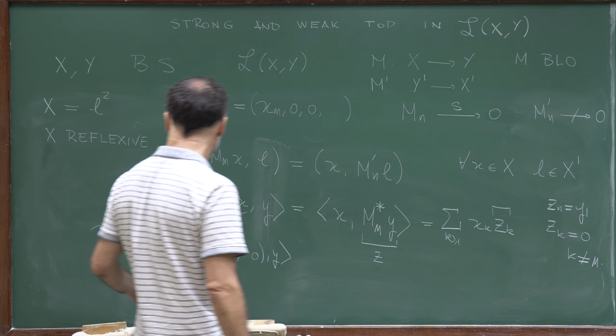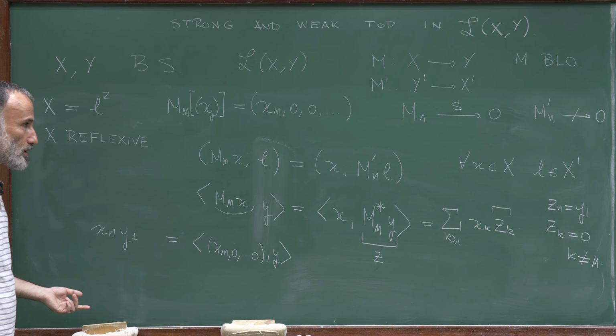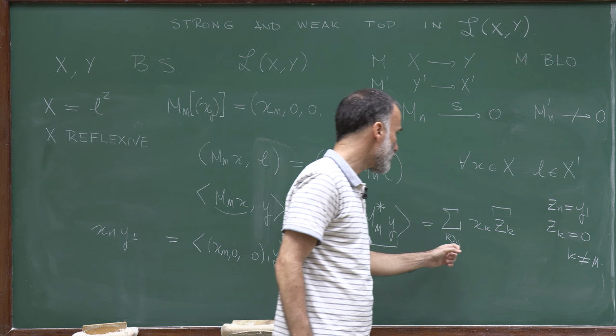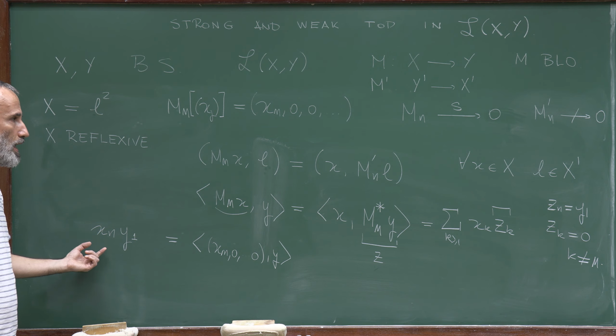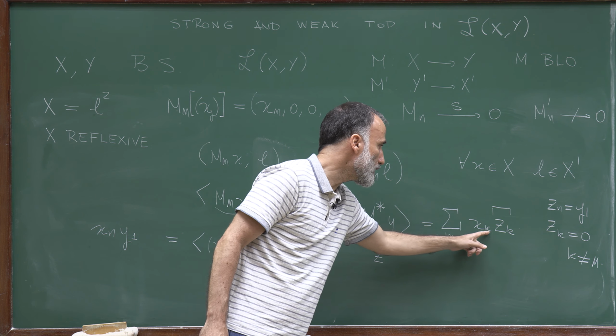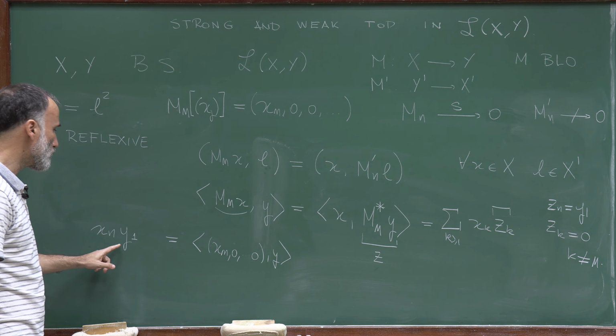If we want this identity to hold for all x, we get immediately that zk has to be equal to 0 for k different from n, and for k equal to n, we have xn, so zn has to be equal to y1.